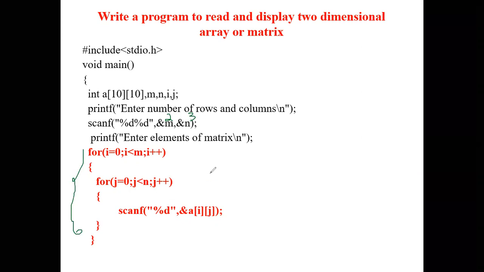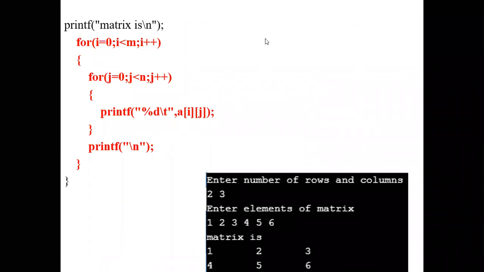Scanf statement for reading the elements of the two-dimensional array. And printf statement is same. Again we are using two for loops, same as scanf statement, for displaying the matrix. Instead of scanf, here you are having printf.